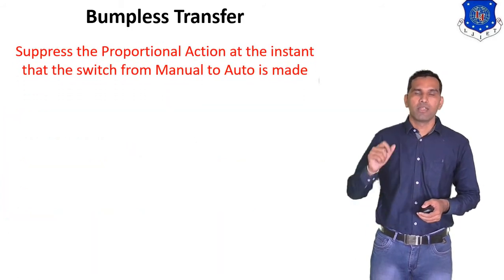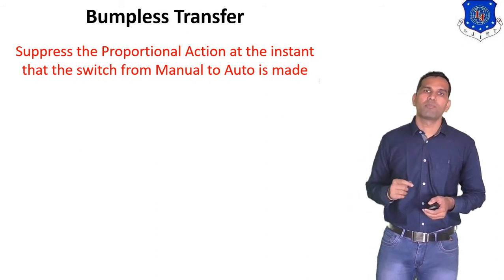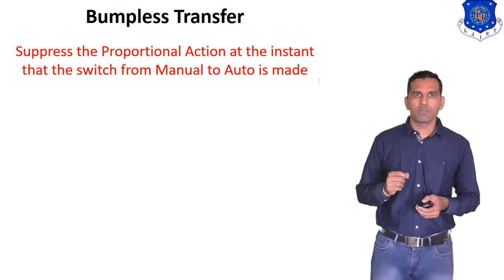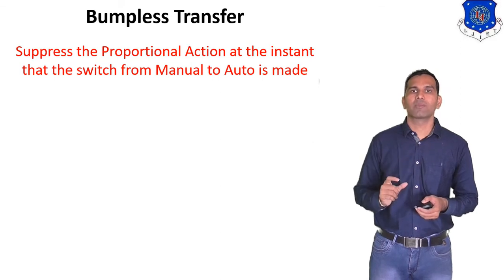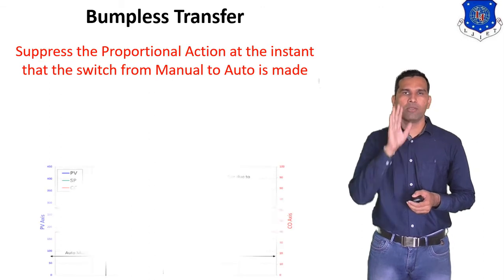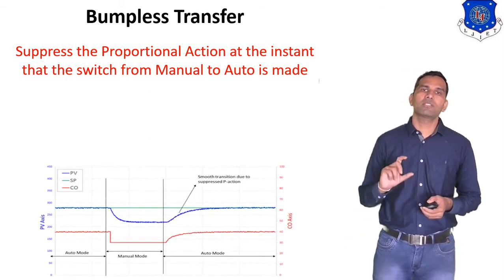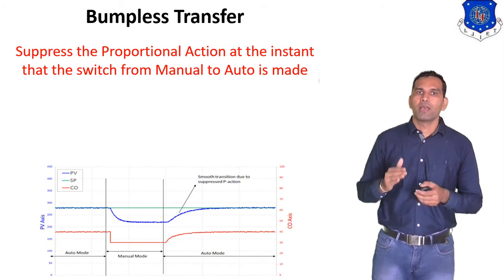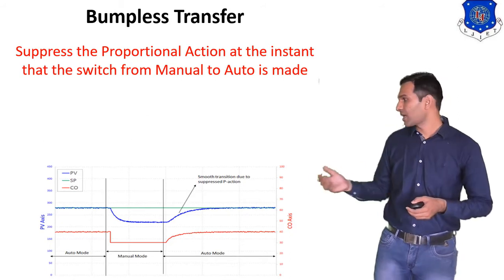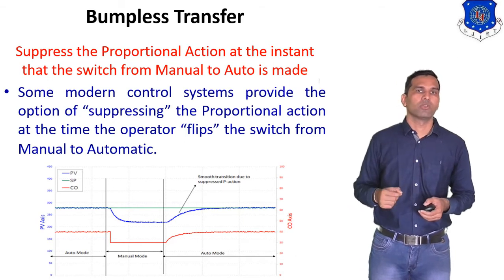Now we discuss the second system of controlling the bump in transfer, that means Bumpless Transfer. Here, we suppress the proportional action at the instant that the switch from manual to auto is made. So you can see this is how it works when we use this type of control system.